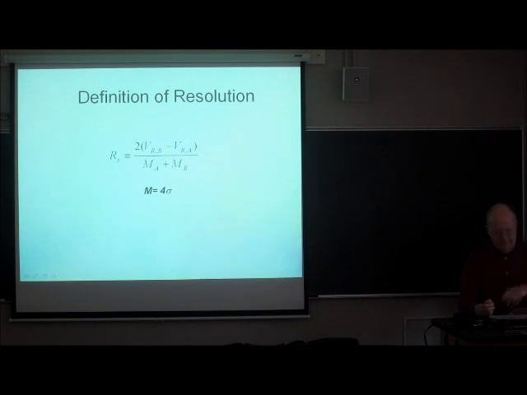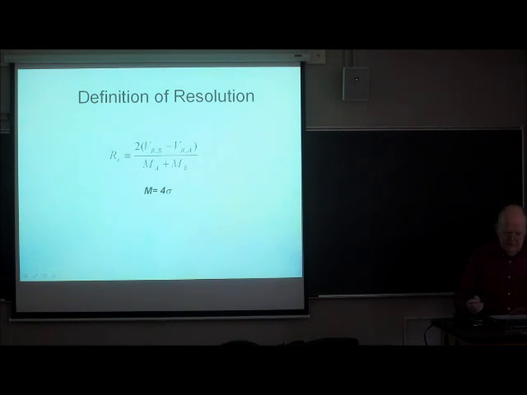Okay, so remember the other day I said this is the international definition of resolution. It's 2 times the difference in retention volumes divided by the peak width measured as m, the sum of the peak widths for both peaks, and m is equal to 4 times sigma, where sigma is the standard deviation of the Gaussian peak.